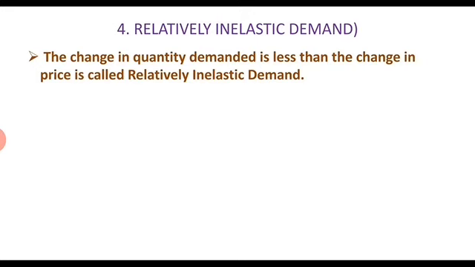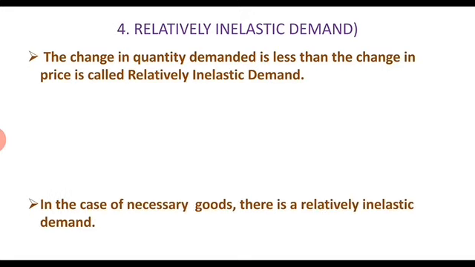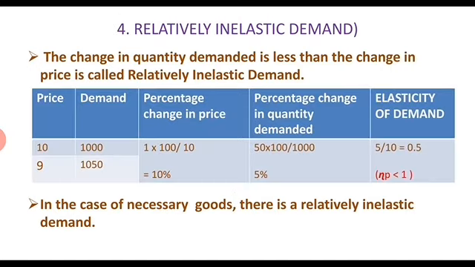Relatively inelastic demand. When the change in quantity demanded is less than the change in price, it is called relatively inelastic demand. Observe the table. Percentage change in price is equal to 10%. Percentage change in quantity demanded is equal to 5%.